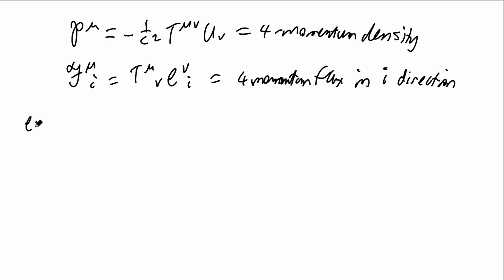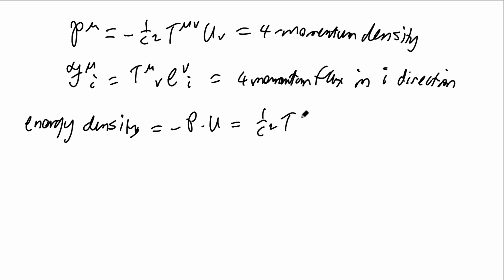The energy density is then minus P dot U, which is 1 over c squared T^μν u_μ u_ν.